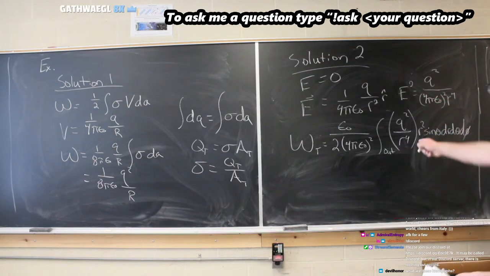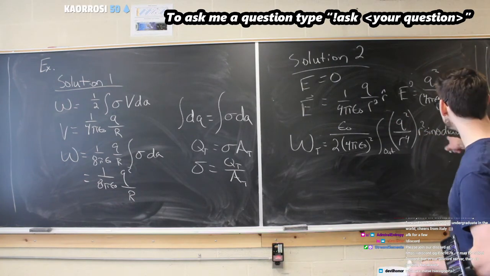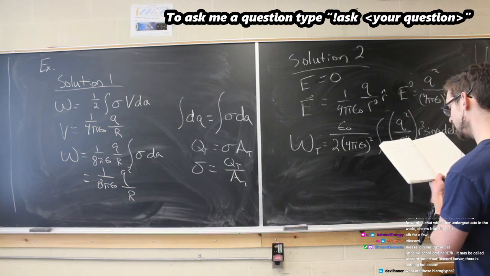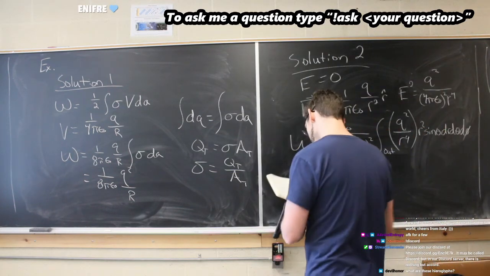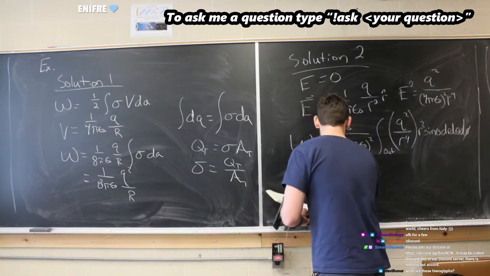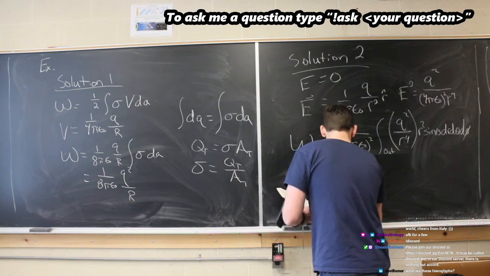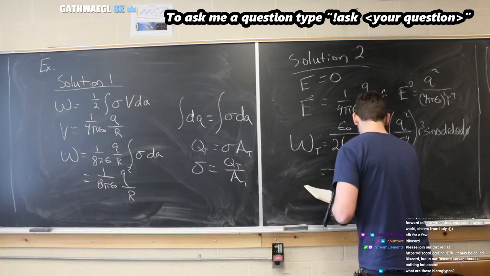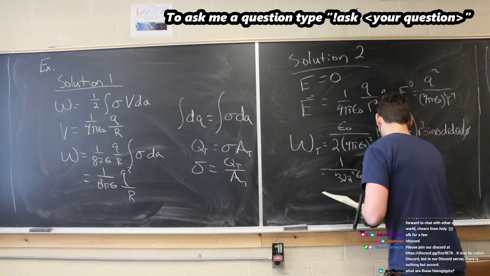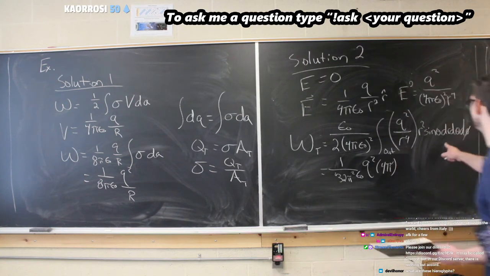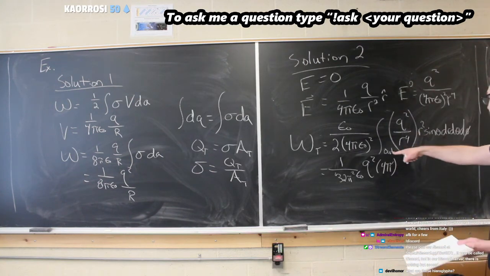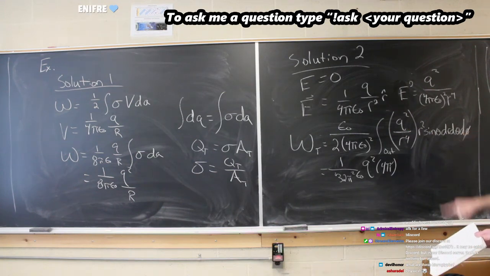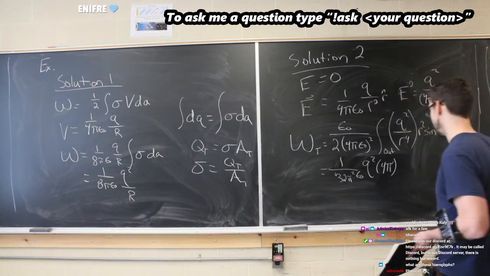If you just have the surface integral, then you're not integrating over dr. The real bounds of this, let's write it out. 1 over 32 pi squared epsilon naught times Q squared times 4 pi. Of course, this 4 pi is coming from the solid angle, which is the double integral of sine theta d theta d phi. Okay, so that's a double integral, and that is just the solid angle theorem.